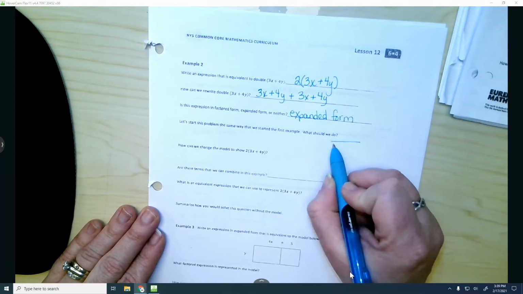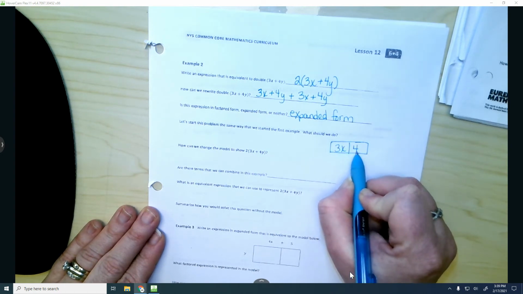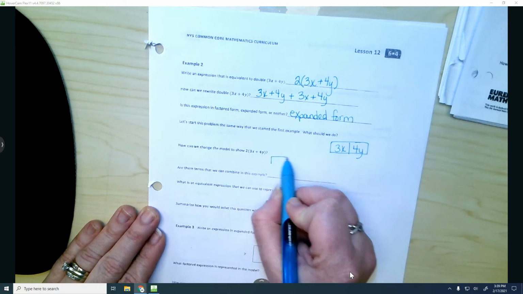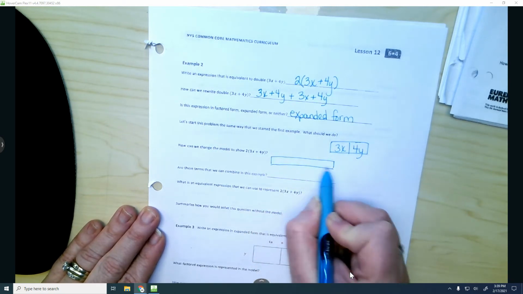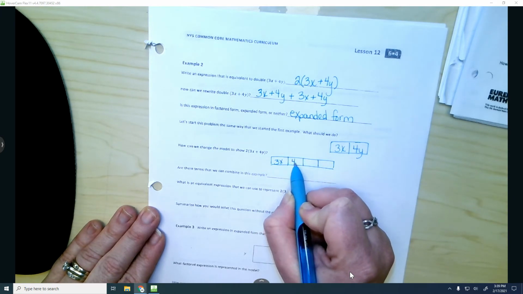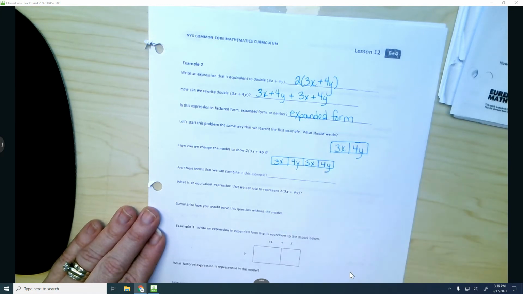We're going to start off like we did last time. We just have one group of 3x and 4y, and then we're going to show what happens when we double it. All right, are there terms that we can put together?